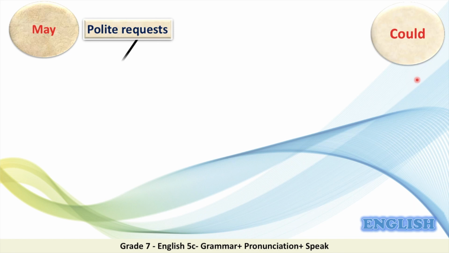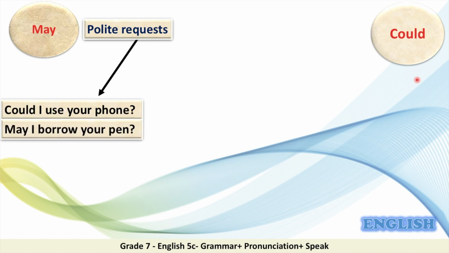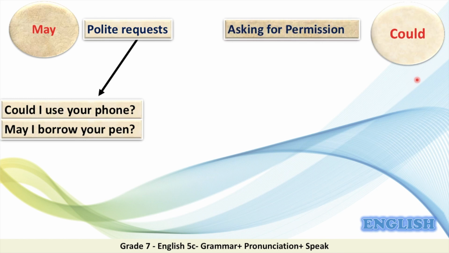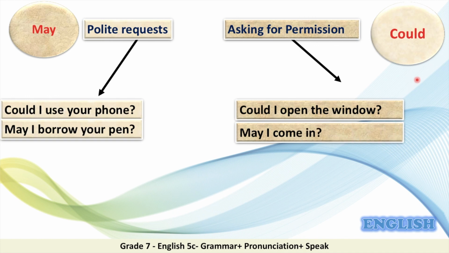For example, could I use your phone? May I borrow your pen? Perfect. And also they are used for asking for permission. For example, could I open the window? May I come in?